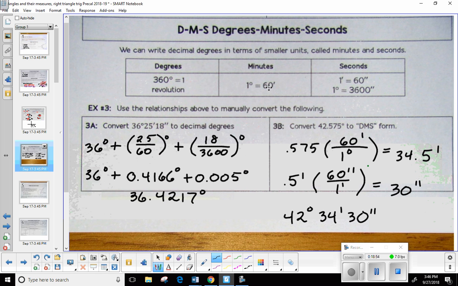Well, you'll notice the first thing I did, if you're going to do this by hand, the degree measurement stays the same. So like in this case, I just said 36 plus. But what did I do with the minutes? There you go. We know that 1 degree is equal to 60 minutes. We're wanting to convert that to degrees. So I took a ratio of the number of minutes to the 60.